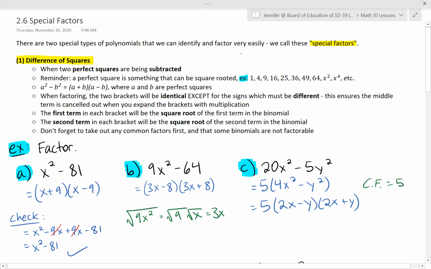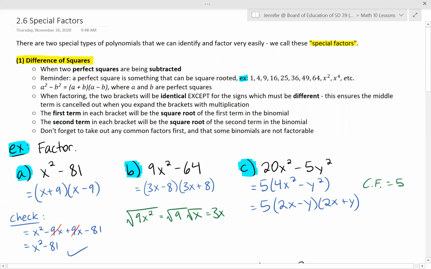Most of the time we have, for example, this. That's a trinomial. We have 3 different terms, and we know how to factor that. But with difference of squares, we only have 2 terms. And so this looks a little more tricky to factor, but it's just because that middle x term has been canceled out because these are different signs.